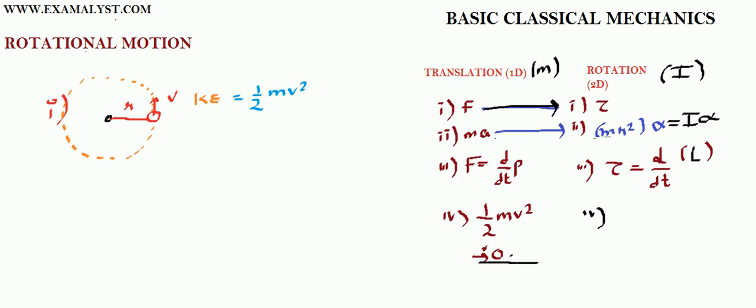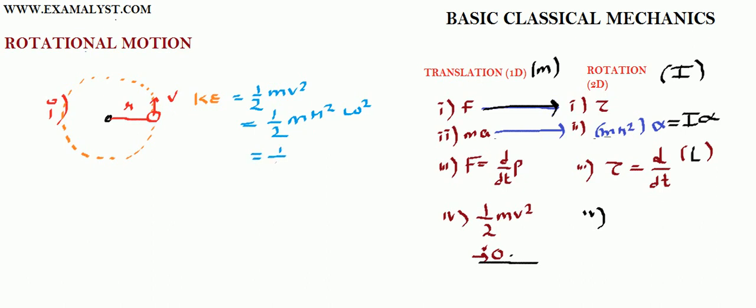Agreed? But you would say, hey look, v is a function of r, and we know that omega is constant, so why not write it in terms of omega? It will be better. So this will be half m, and v is r omega, so you get r square omega square. What is mr square?